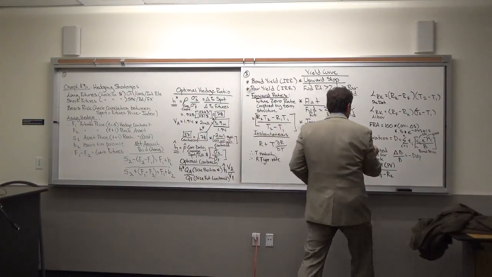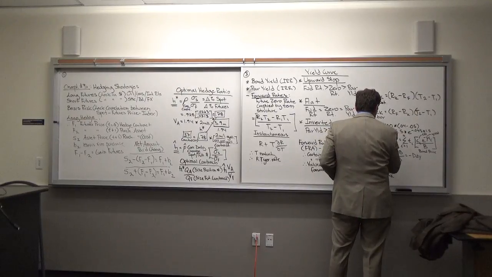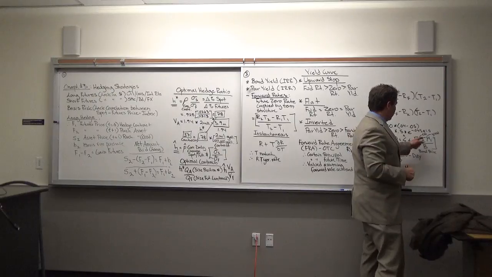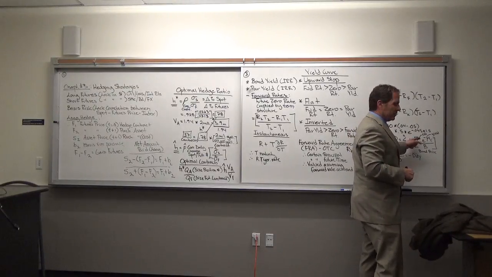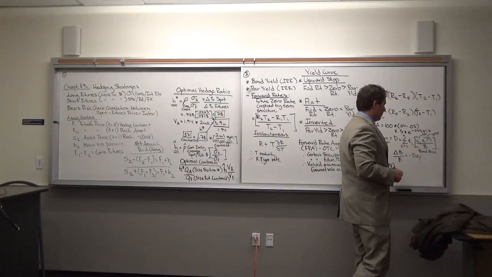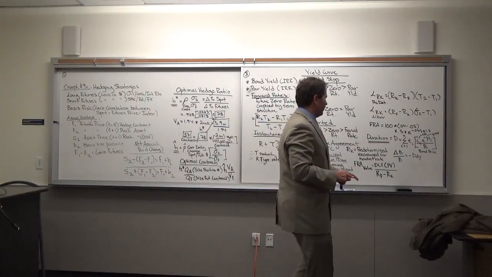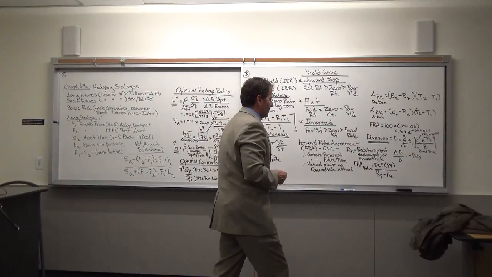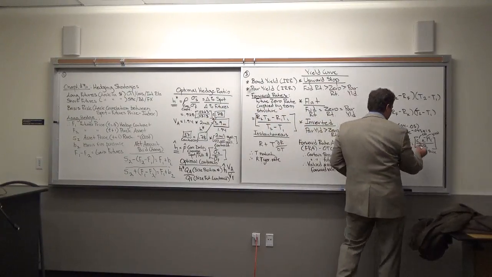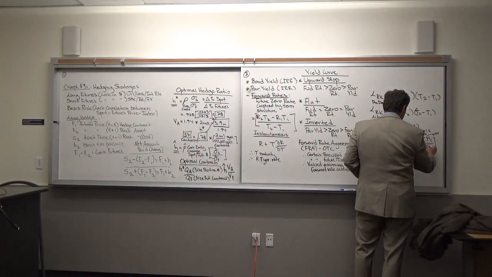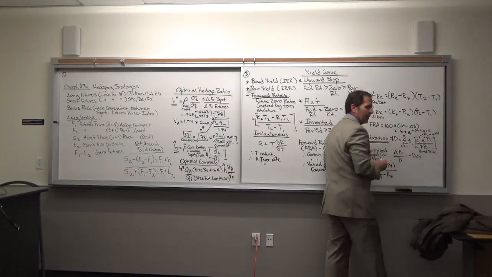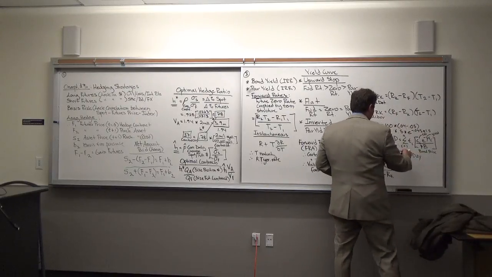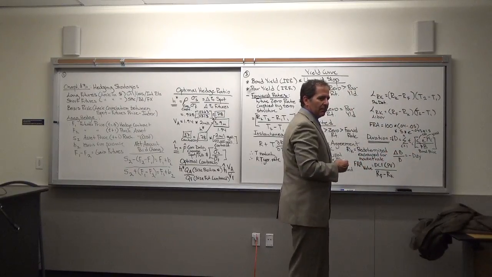Duration on bonds is basically the present value of the cash flows divided by the bond price over some time period. So obviously as the bond price goes up, the duration goes down. As the interest rates go up, the duration goes up.